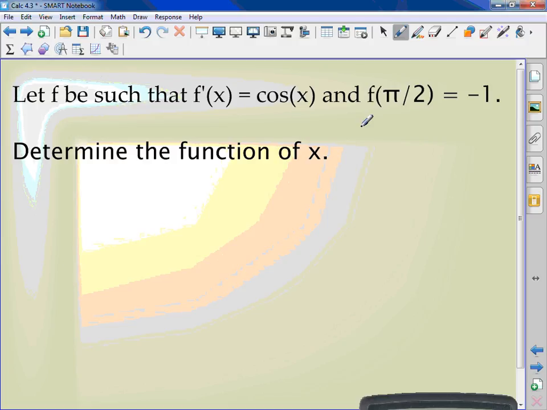Okay, we're going to find the function f such that f prime equals cosine of x and f of pi over 2 is equal to negative 1. We're going to find the function of x.